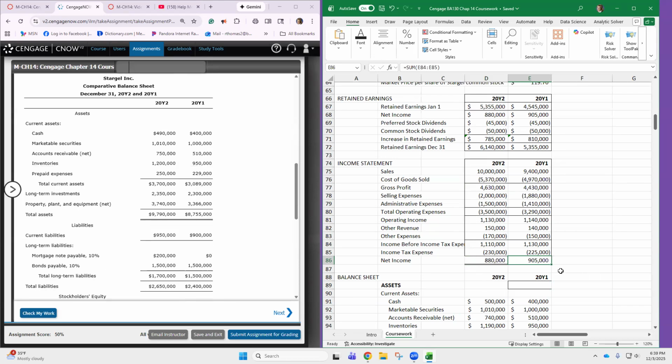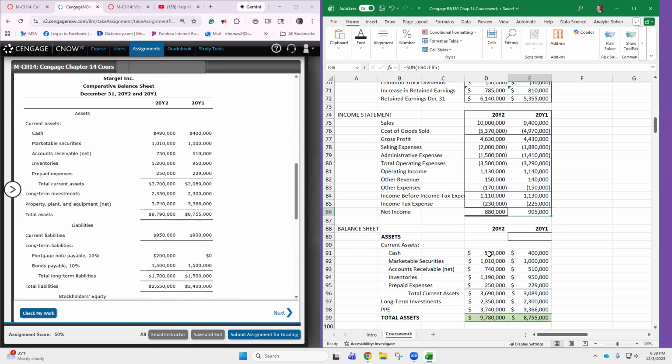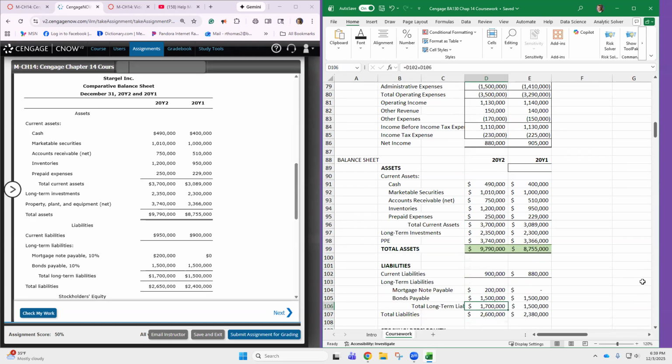All right, now we're going to the balance sheet. And I got to rekey a few things here. Okay, so good. That looks good. Total assets are okay. Current liabilities, 950 and 900. And mortgage note payable, 0.